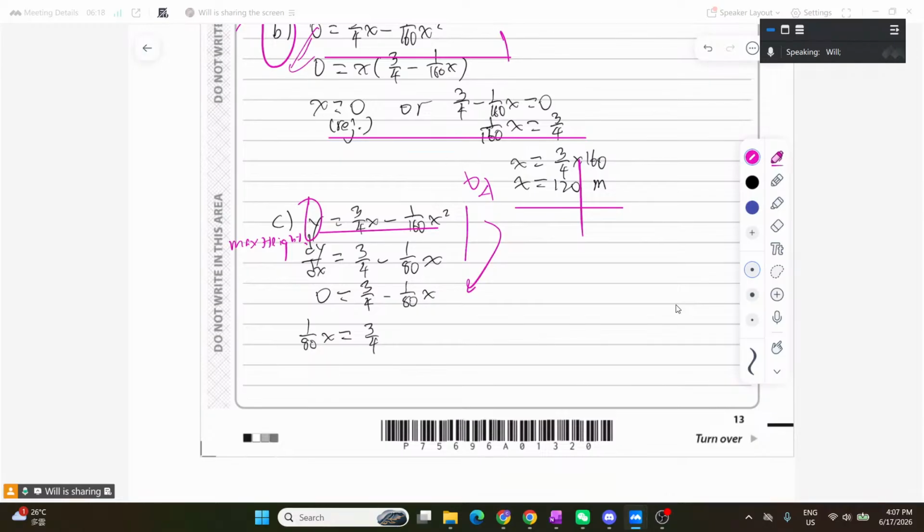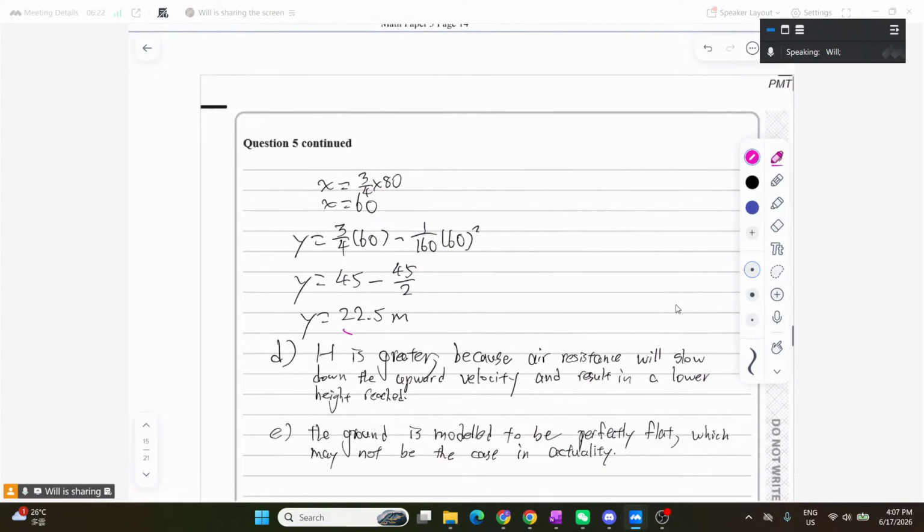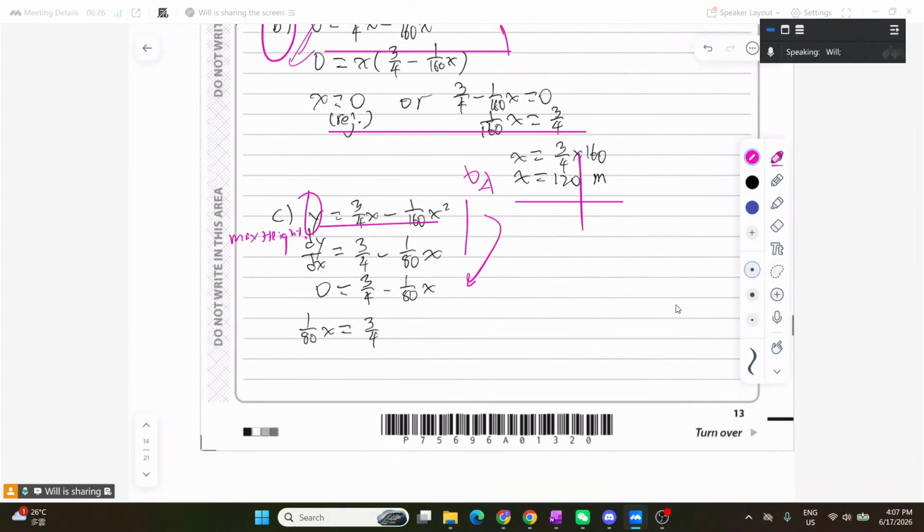No problem. And for height, you use this one. No problem. Maybe because this is a projectile, we can use the vertex formula. It also applies for the answer, right? No problem. Vertex formula.